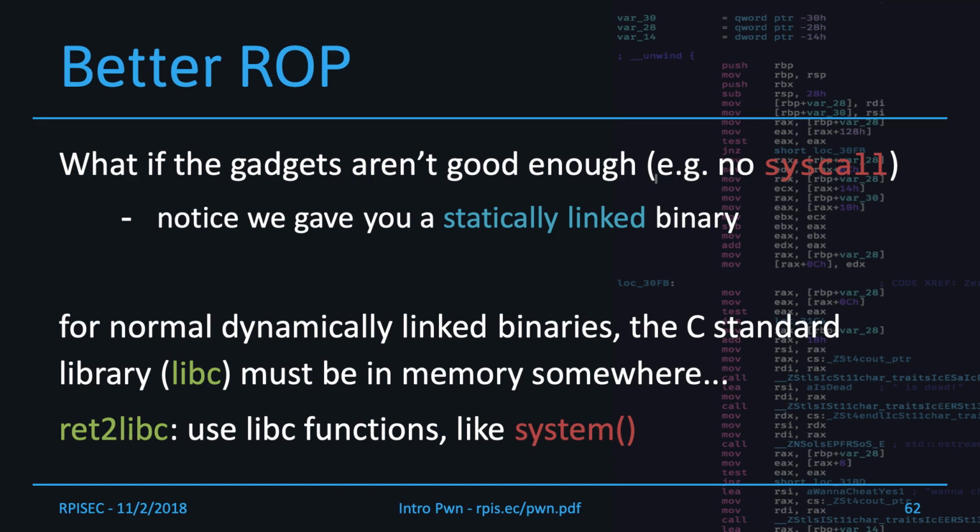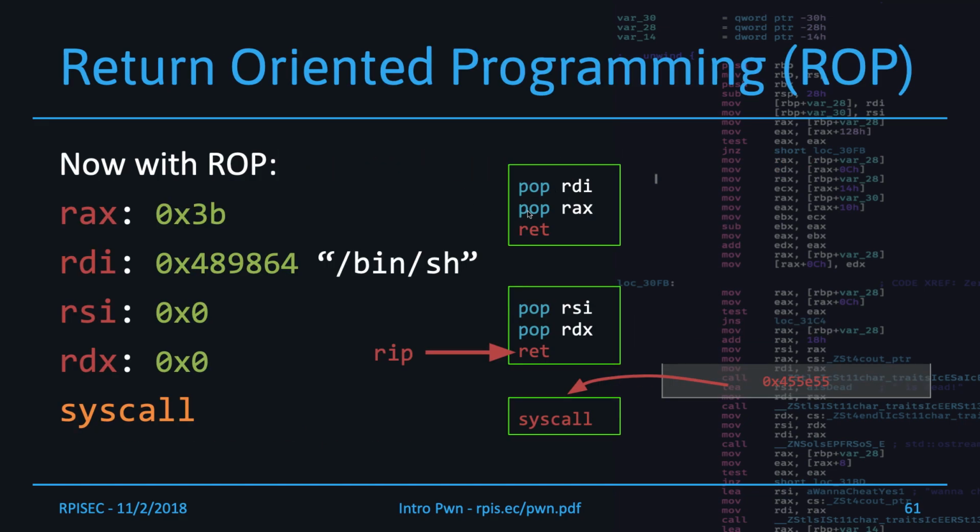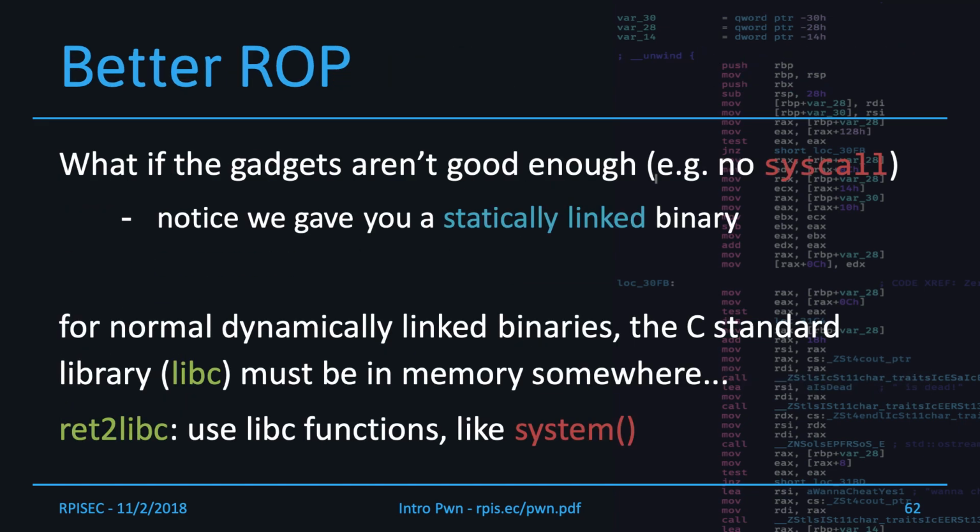And so as we were looking at before, we have these gadgets that we can execute, but we can also, for example, say you wanted to do a write syscall or something. libc has wrappers for all these syscalls that just take in normal arguments. It'll load up the write syscall number.